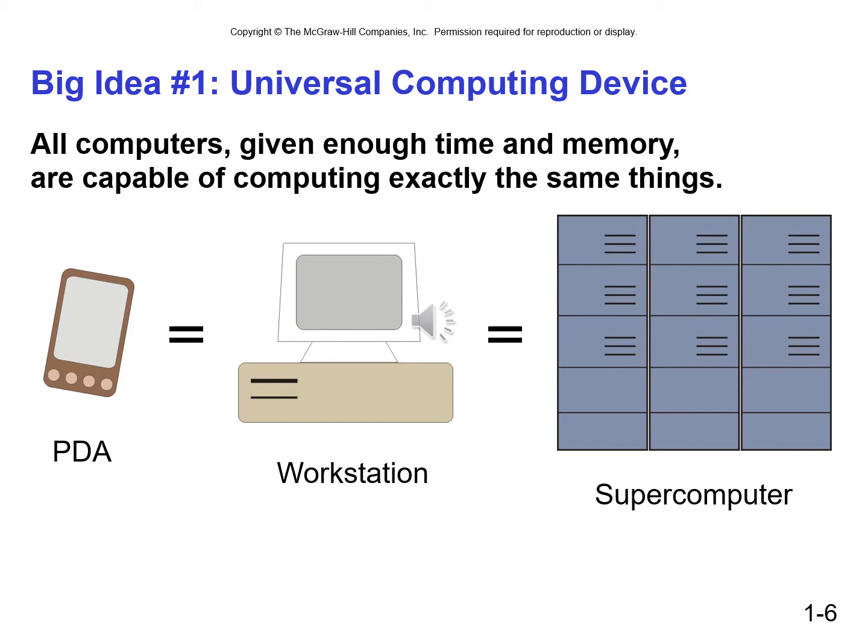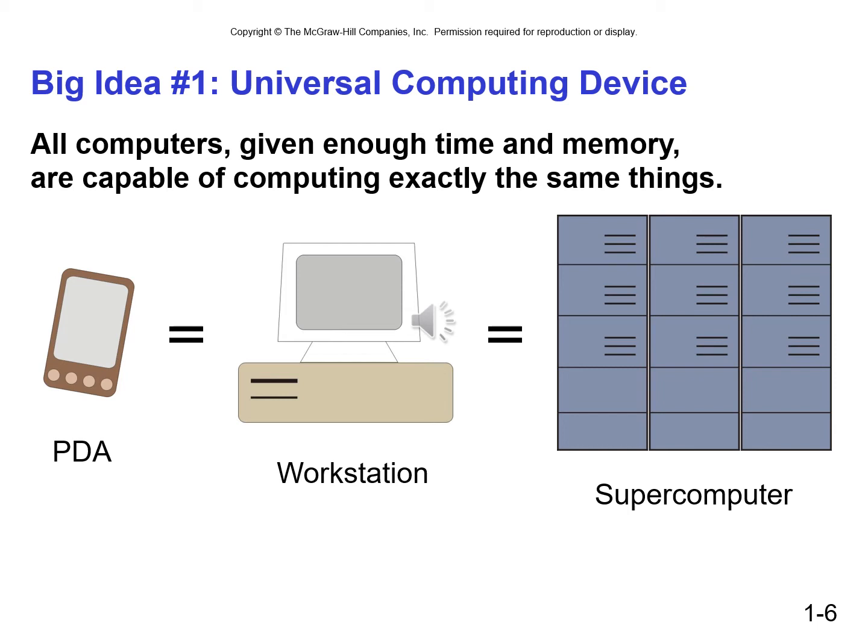Now, let's back up a little bit. Enough time and memory are very important constraints. Sure, if you have a computer that can process a certain program, but it takes 10 days, is that really relevant? Is that useful?